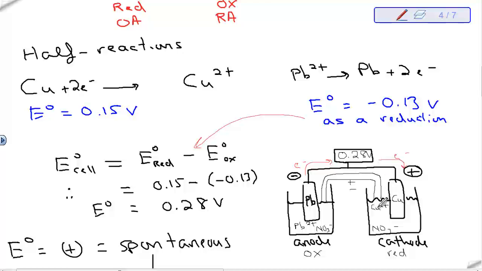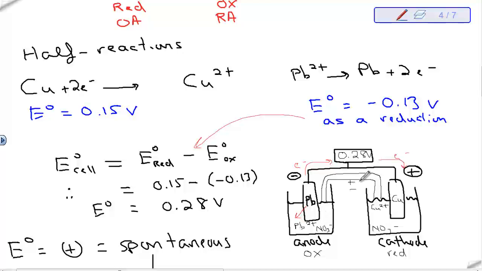It is necessary to allow a balance of charge to exist, otherwise the charge balance would become tremendous. For example, you can see in this electrode, the electrons are leaving. Well, as they leave, we are depositing more lead 2 ions in solution, leaving the nitrates unaffected. That is a buildup of positive charge.